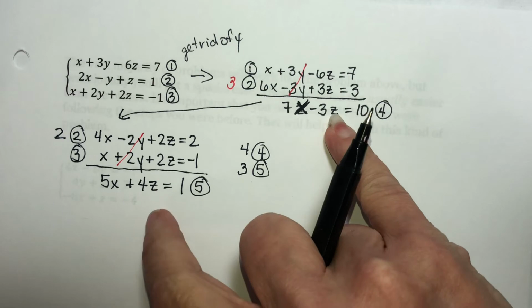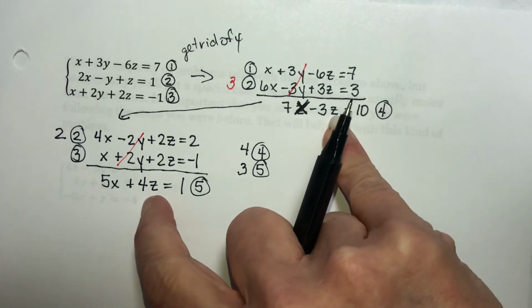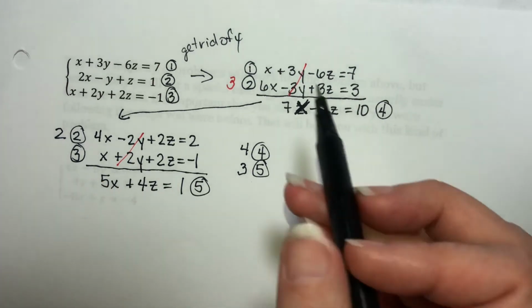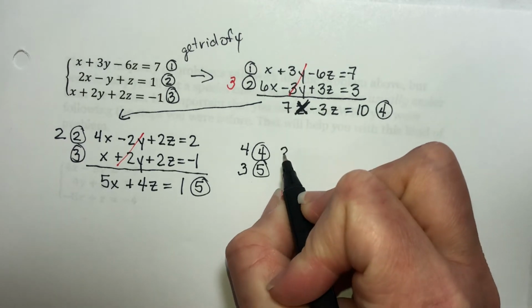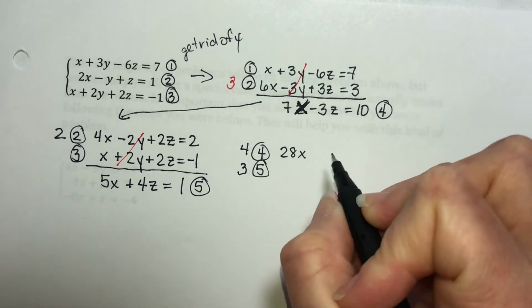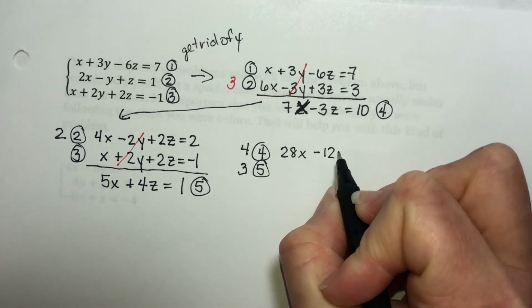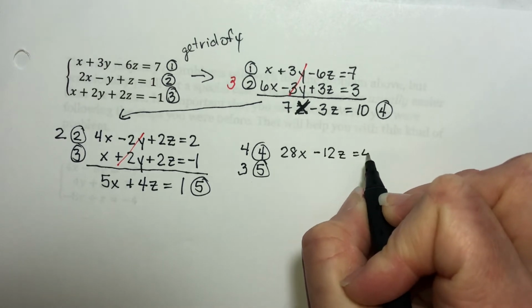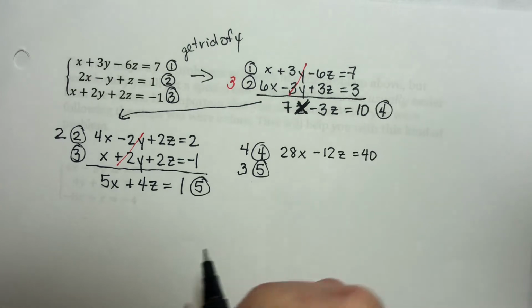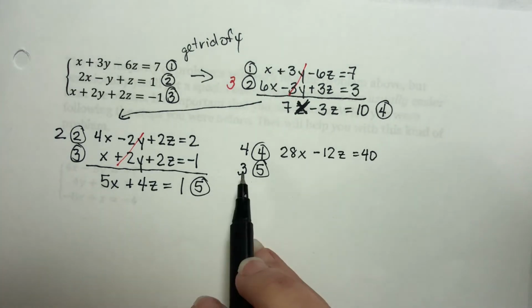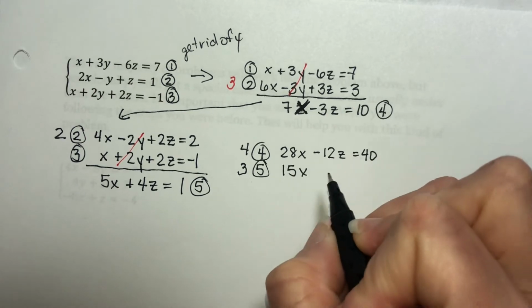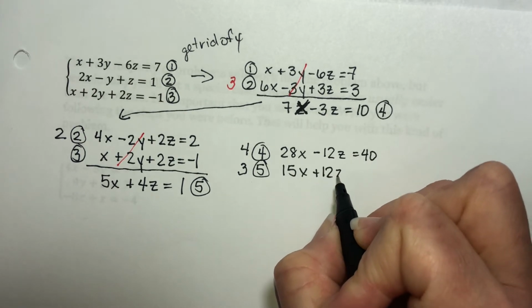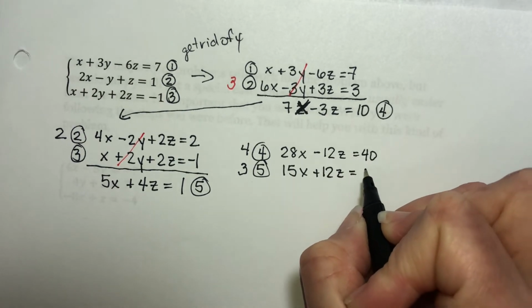I'm going to have a negative 12 here and a positive 12 here, so I don't need to change anything. Multiply this entire equation by a 4 to get 28x minus 12z is equal to 40. Now multiply this entire equation by a 3, and we get 15x plus 12z is equal to 3.